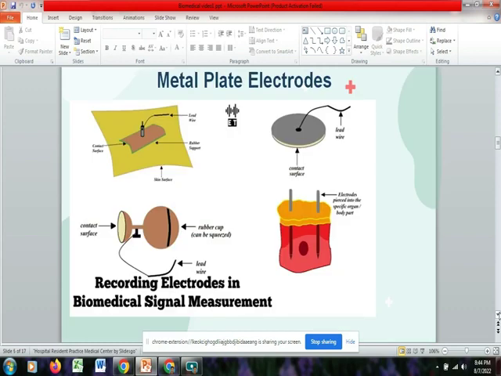These are the types: the first one is the metal plate electrode, the second is the adhesive type electrode, and this is the suction cup electrode. These are various types of surface electrodes used to measure ECG and EEG signals.